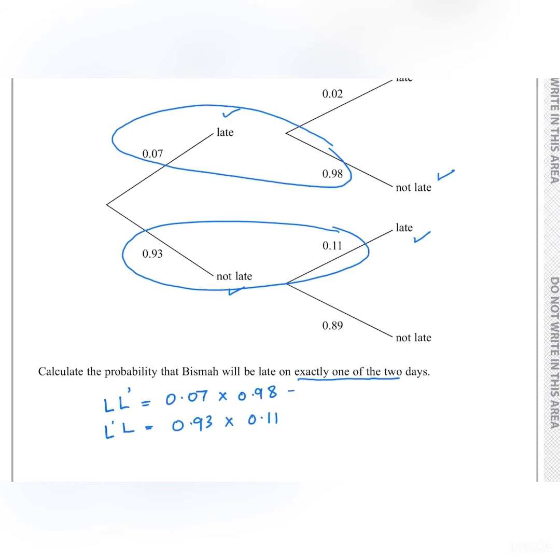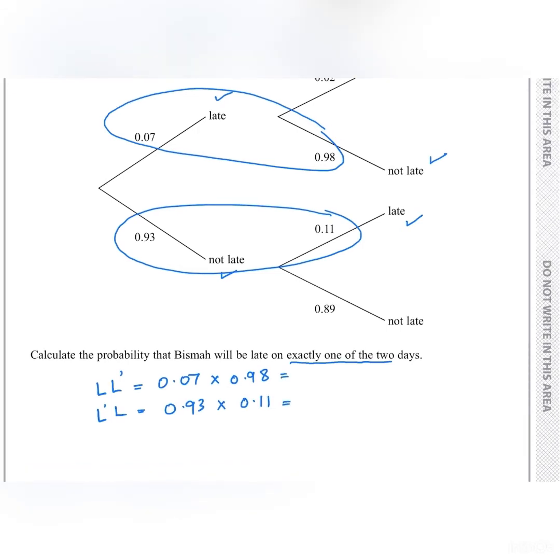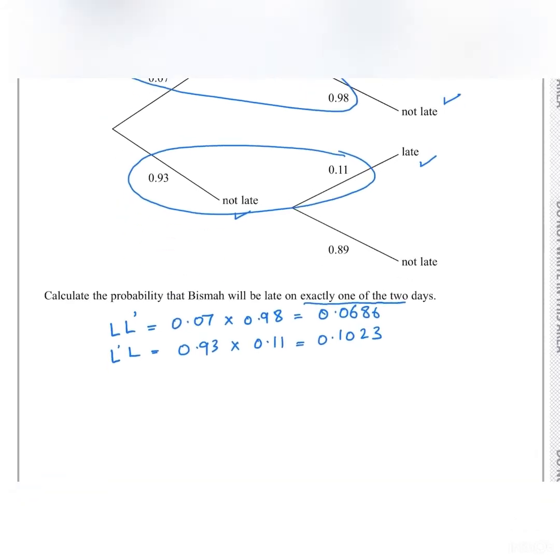Now if you work these two out on the calculator, okay, so this is 0.0686 and this one here is 0.1023, and then finally we add them together.